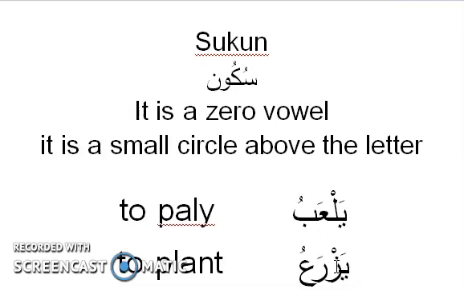And zay with sukun, so "yaz," okay. And start from the next, ra, "yazra'u." This is the way you have to use when you pronounce a new word.